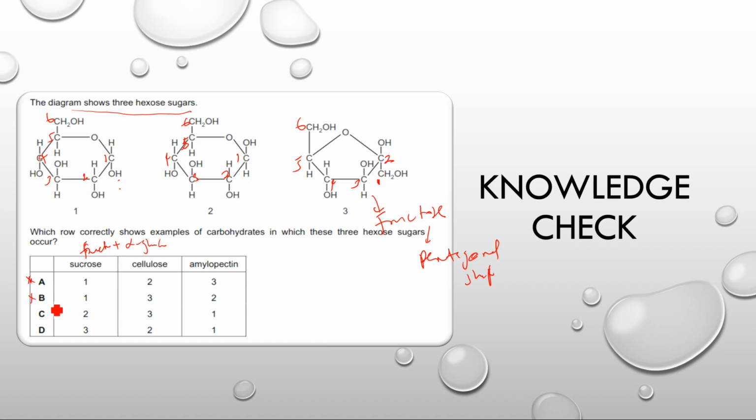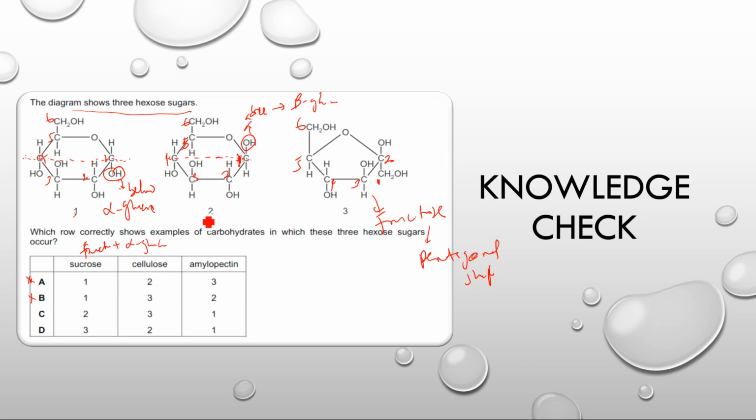Let's check in cellulose. If you draw a plane around the structure, you see this OH is below the plane. That is alpha glucose. The OH attached to the first carbon atom, if it's above the plane, is beta glucose.